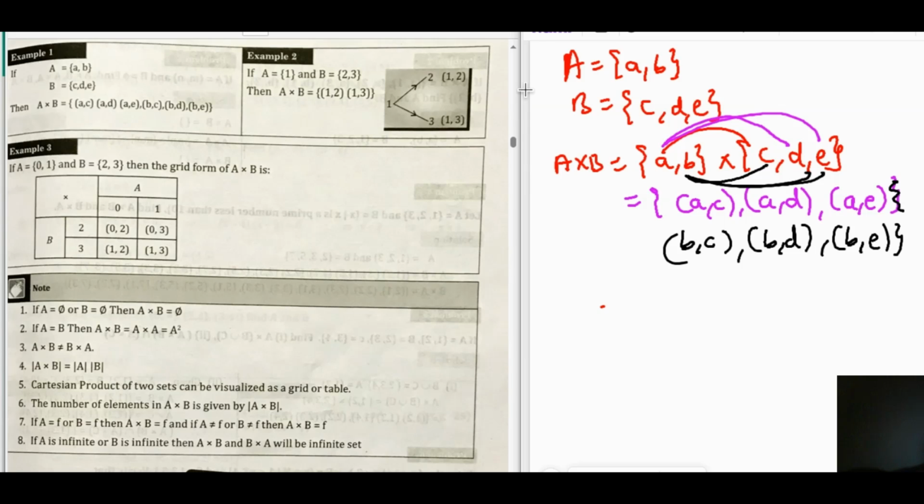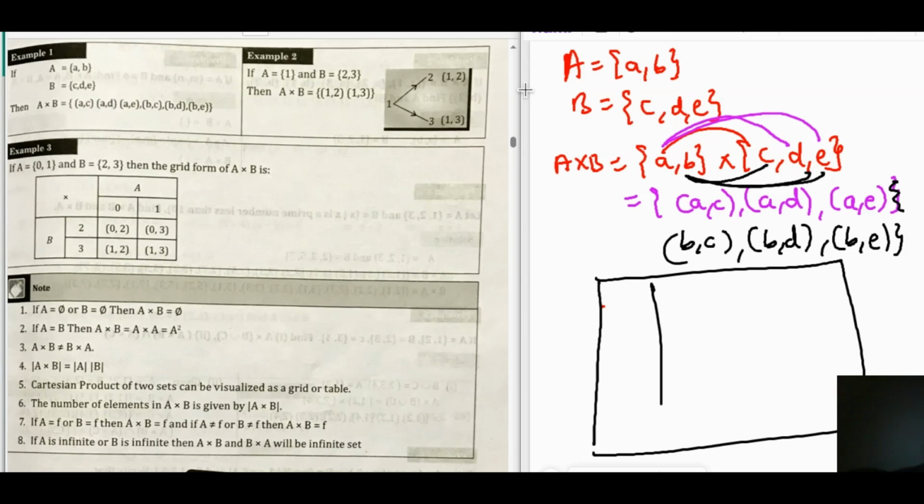The same thing we can do in another way also. We can write this in the form of a table and solve it.